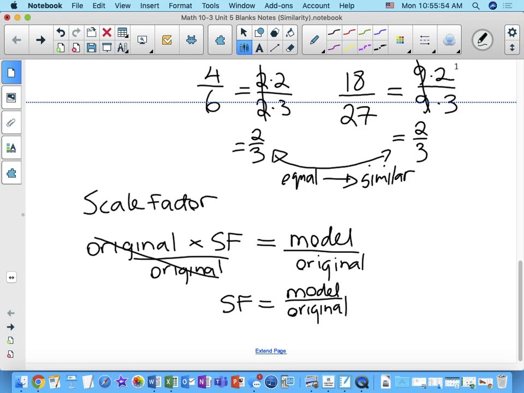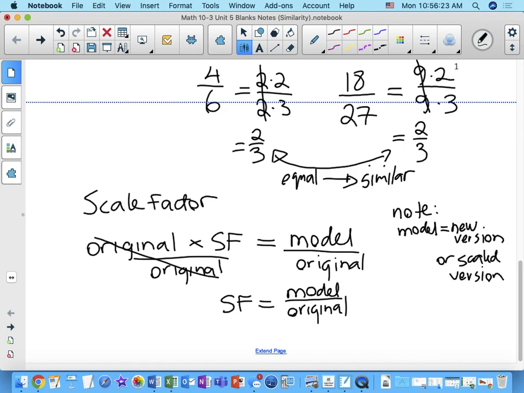You may want to make a note of that. You could use the new version or the scaled version; these are all synonyms for the model or the scaled version.